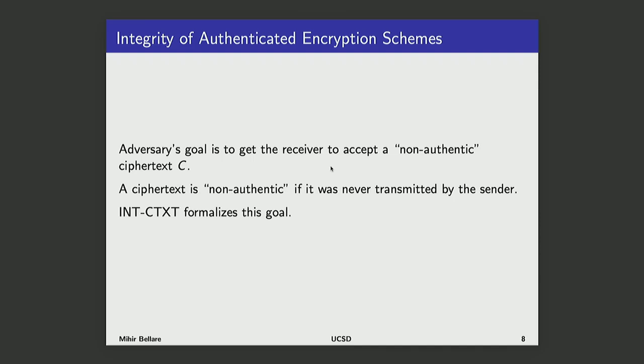The sender never encrypted anything that gave rise to that ciphertext. In fact, your adversary created it. And if then the receiver accepts, then we have an integrity or authenticity violation. And that's what we attempt to formalize through this goal, which is called integrity of ciphertexts.